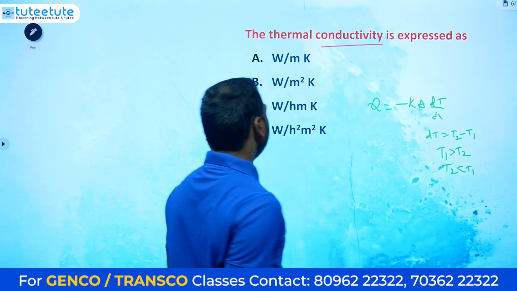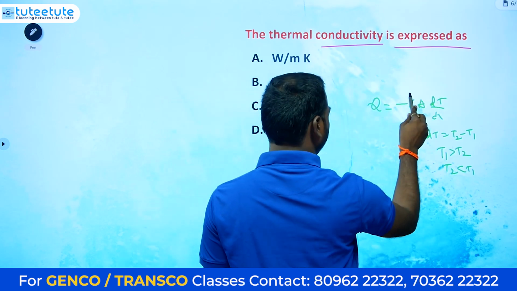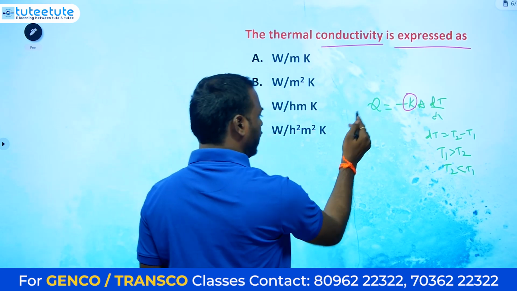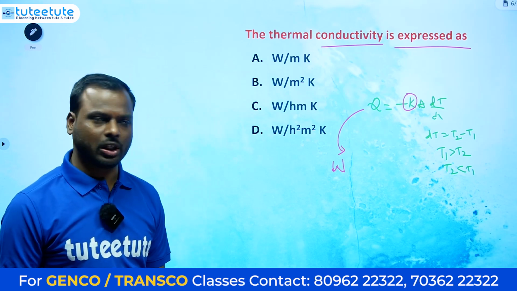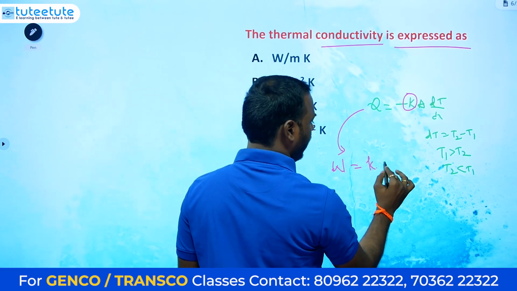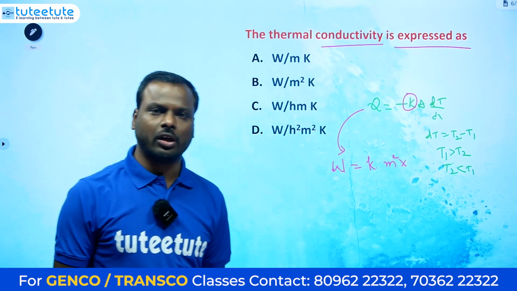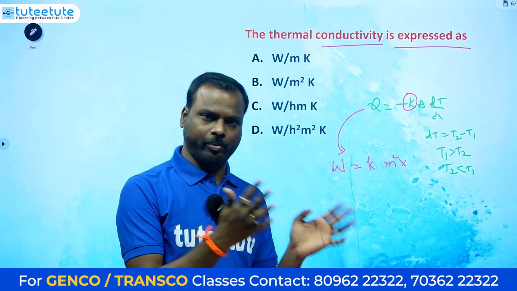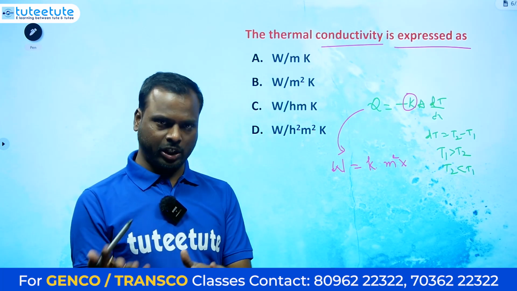Just remember this one. And he is asking the units of K. We'll see. Q is generally watt, which is equals to K into area, units is meter square, into dt. dt is nothing but the temperature gradient, means the variation in the temperature, T1 minus T2 or T2 minus T1, like 180 degrees centigrade minus 100 degrees centigrade.